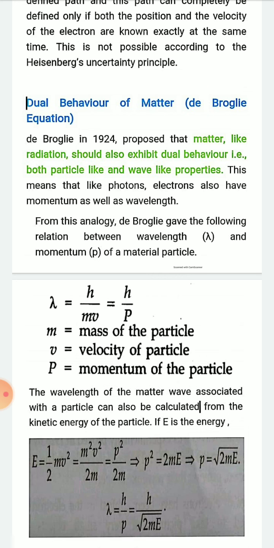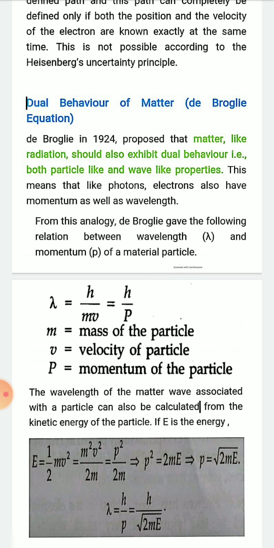So scientist de Broglie in 1924 proposed that matter, like radiation, should also exhibit dual behavior. I have told you that radiation can exhibit dual nature, that is wave nature and particle nature. Generally radiations are waves, but they can also show particle nature.